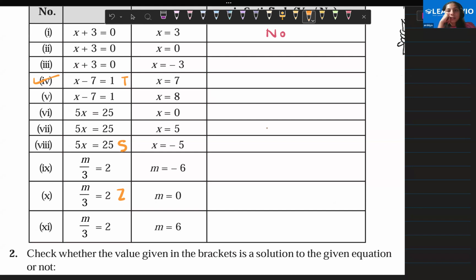Ma'am, I got 14. How? Ma'am, because you have to add it, right? Yes. So what did you add it with? With 7. Show me the calculations. One second.